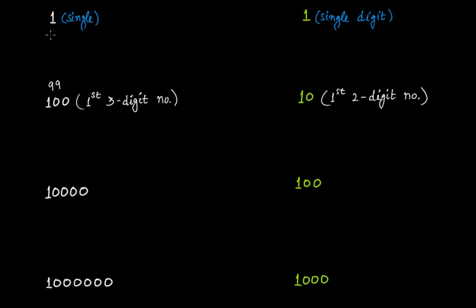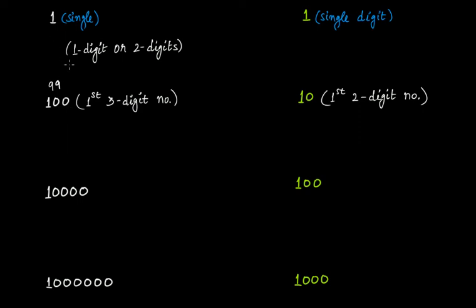Now, between 1 and 99, including 1 and 99, you will have some square numbers. Those square numbers will be either one digit or two digits. Why? Because 99 is a two-digit number and 100 is the first three-digit number.